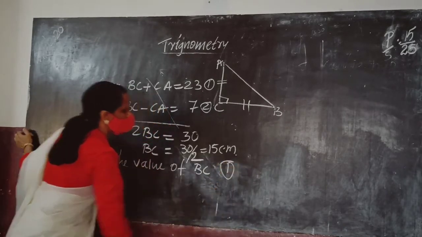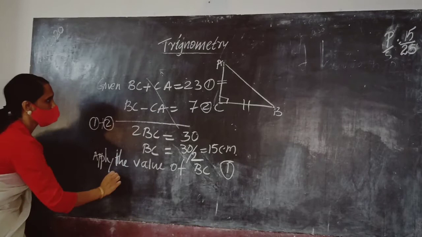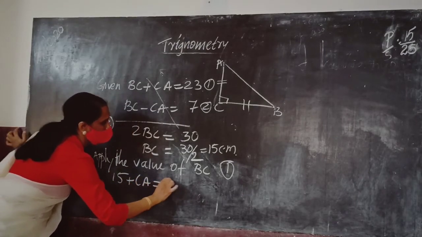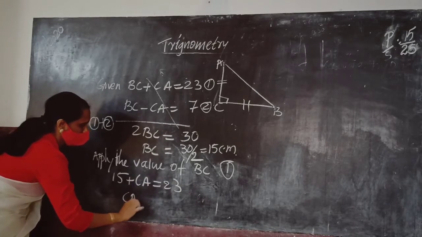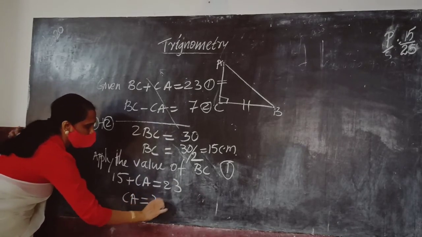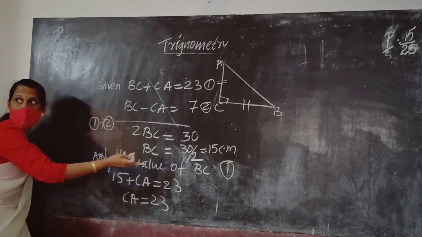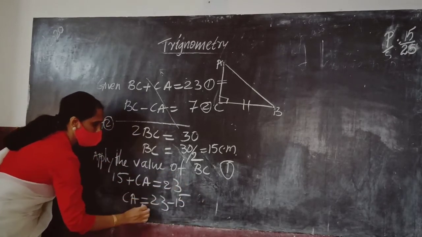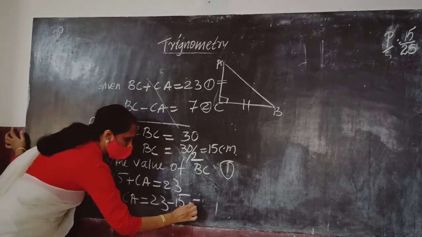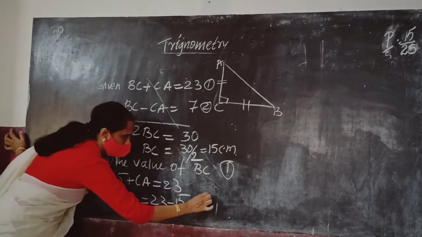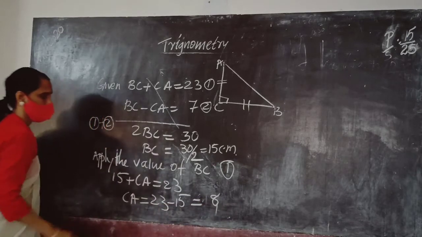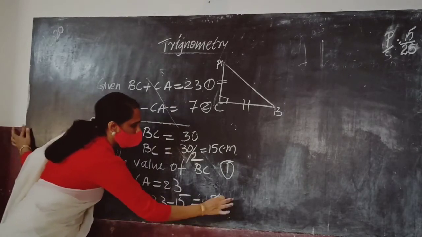So BC we got 15, plus CA equal to 23. So what is CA? 15 should be taken to that side. 23 minus 15. How much is it? 8, not 18, 8. So we got 8 centimeter.